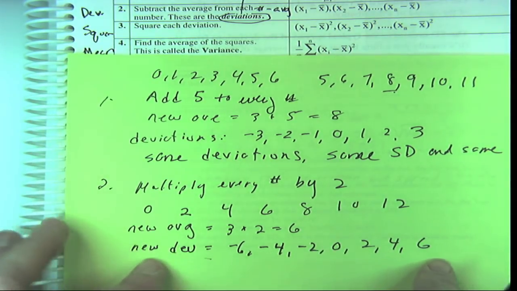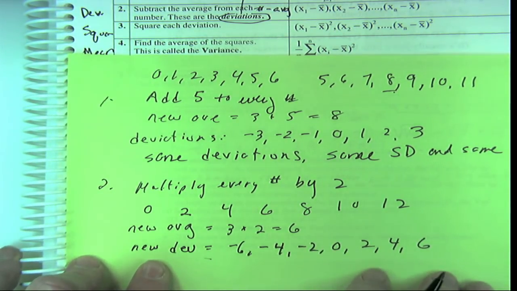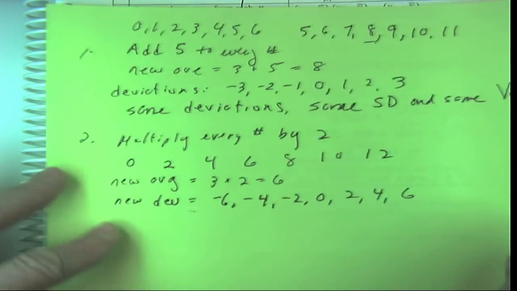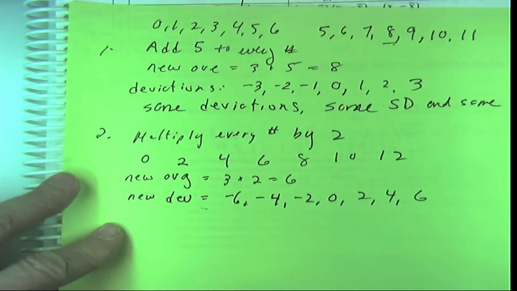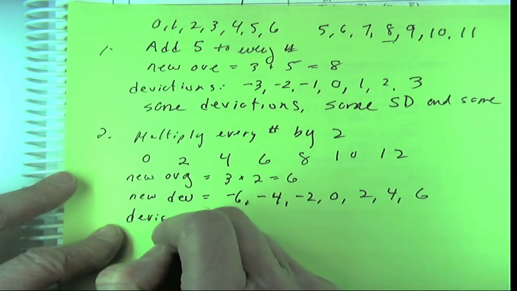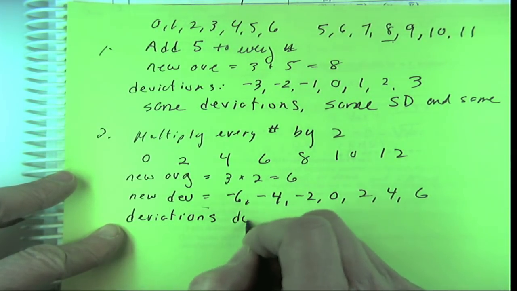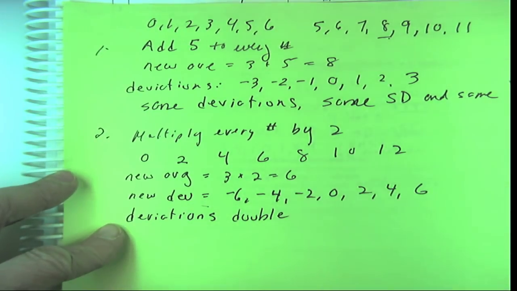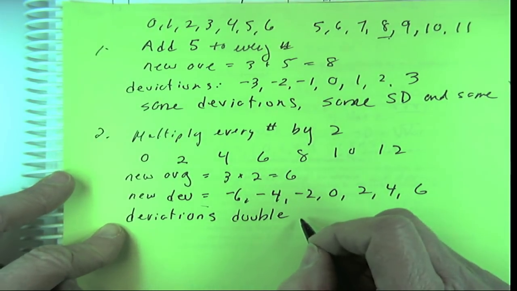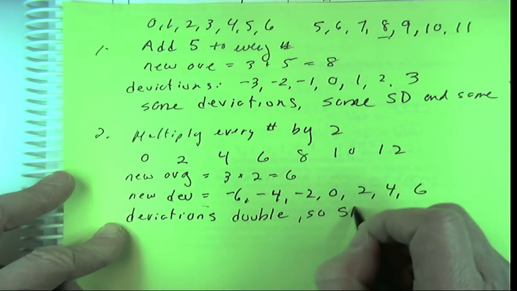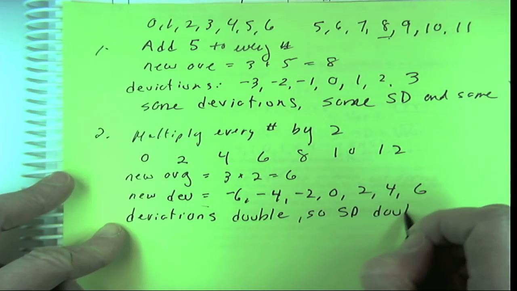They get multiplied by 2, right? So the deviations double. And if we multiply by 3, they triple, right? So, of course, the standard deviation doubles.